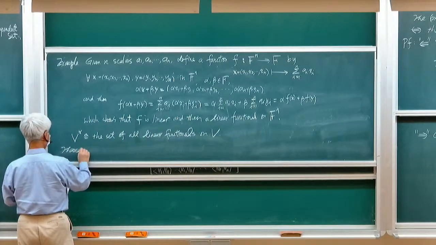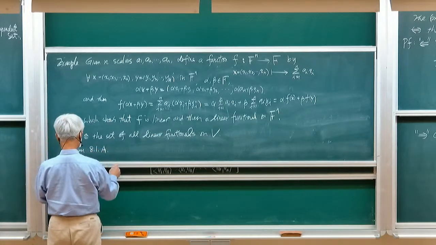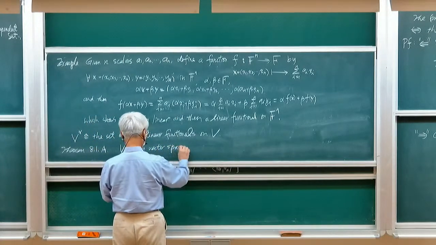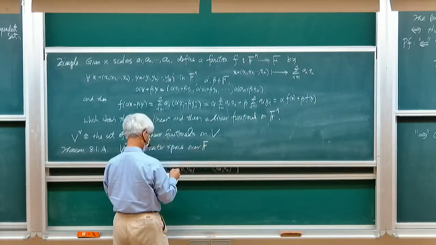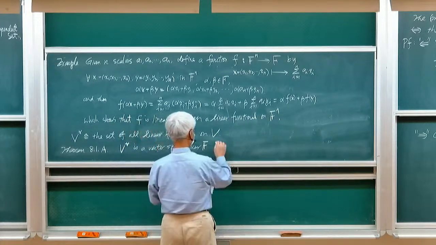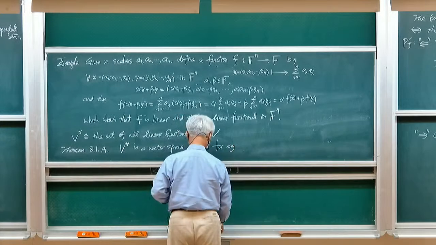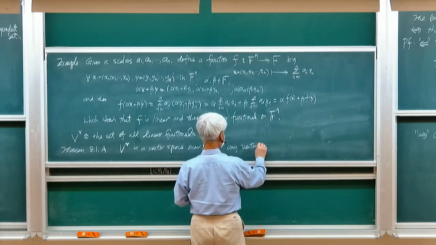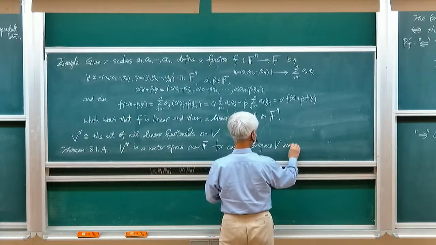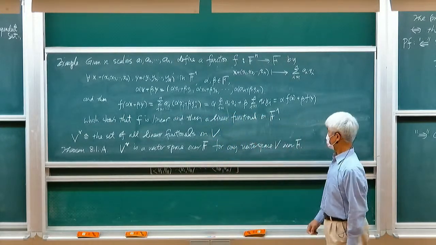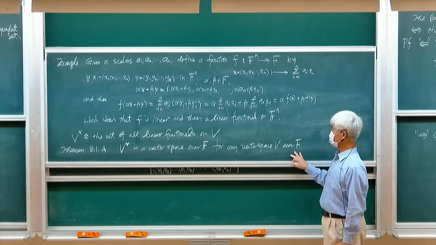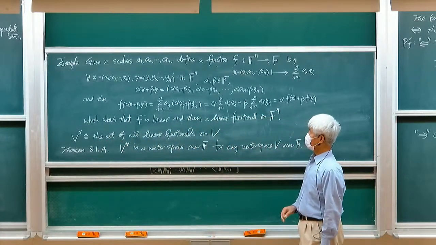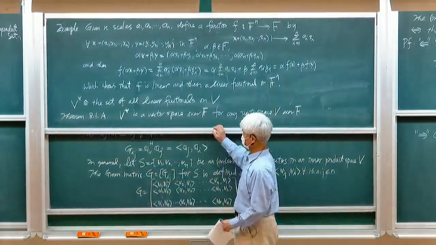An immediate theorem says that V star is a vector space over F, for any vector space V over F. So given an arbitrary vector space V over F, we can construct V star, the set of all linear functionals on V, and then we will show that V star is a vector space.